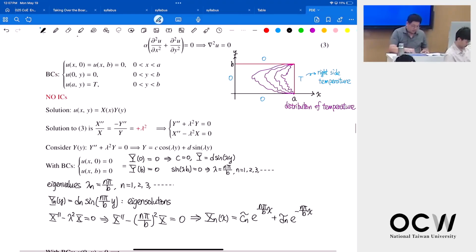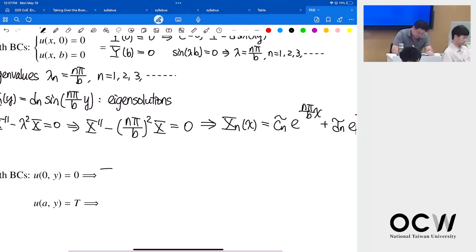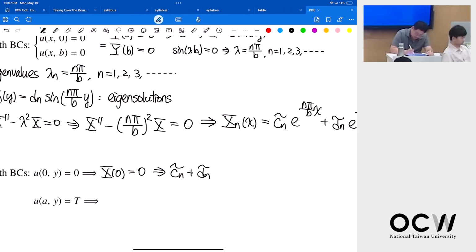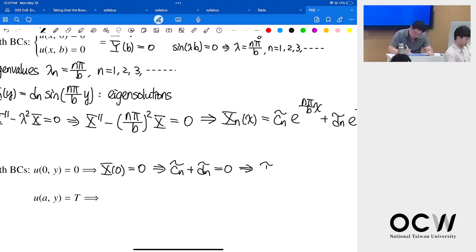Remember that we just used two boundary conditions. We still have two more. So let's use the rest of the two, when x is 0 and a. When x is 0, then overall is 0. So X of 0 is 0. That means C_n tilde plus D_n tilde is 0, and D_n is just minus C_n tilde.